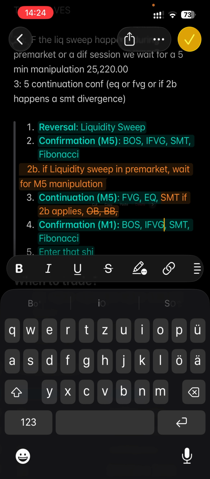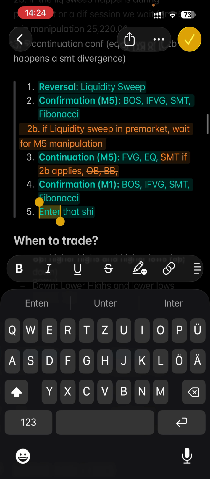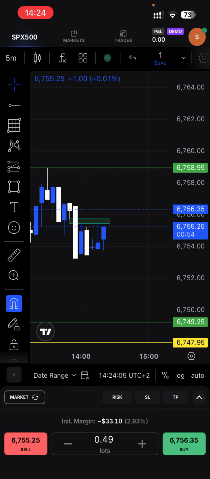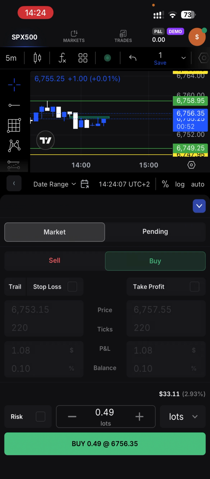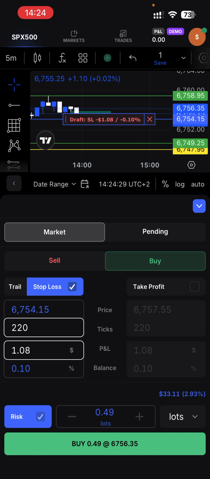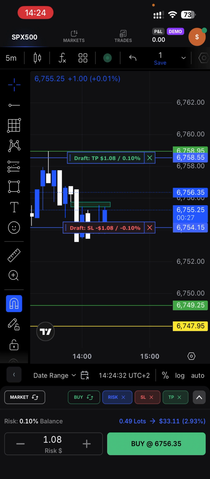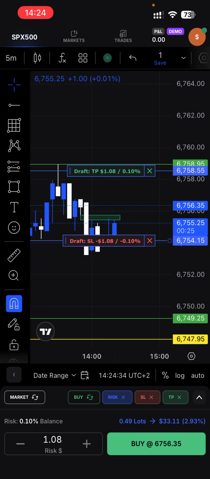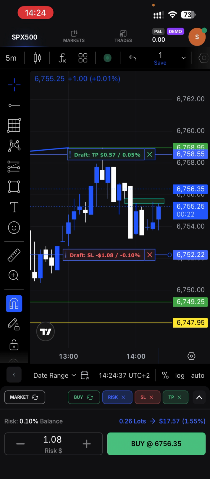If I place this trade with $33, let me do 50 lots, 0.50 lots, 51, that would be 3%. Okay, we are making a buy position. I would like to put my stop loss right underneath this low and put my TP here.